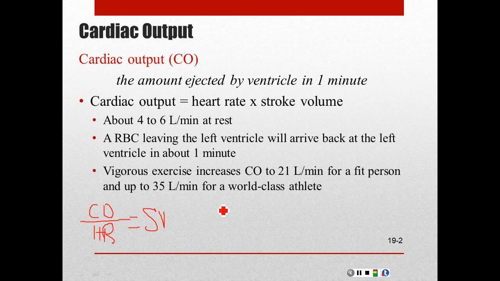So the cardiac output is, just say it is 6,000, and the heart rate is 60. I'm just making up numbers right now to do it quickly. Then what will be the stroke volume?